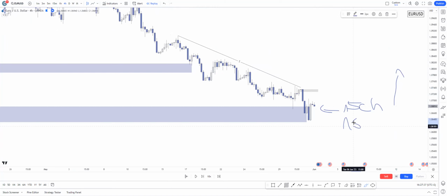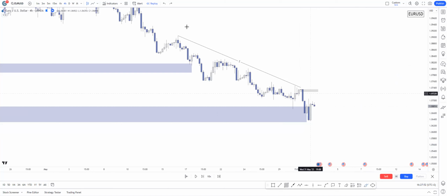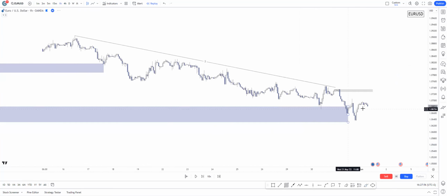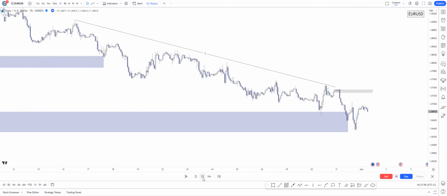But if price confirms the last recent supply area, then we can expect further shorts down, and we can expect the break of this demand area. But we will see. Probably the 15-minute change of character has already happened. So let's take a look at the 15-minute time frame, but let me play price forward a bit.